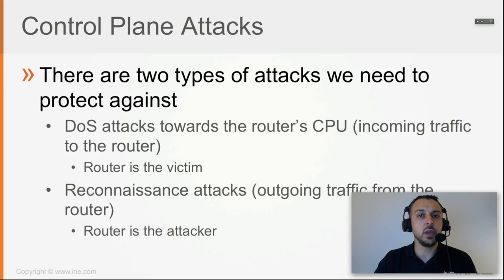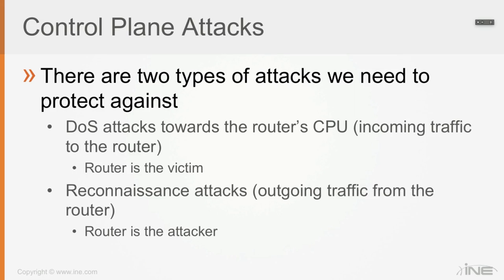Because if the router is too busy handling SSH packets or HTTPS packets, which it doesn't actually accept in the end, it may not have enough CPU resources to deal with the OSPF packets or the BGP packets or the ARP packets, which means that because the routing protocol is not going to work or ARP is not going to work, in the end the router becomes isolated and the data plane will not work as well. And the second type of attack is reconnaissance attacks, which is outgoing traffic from the router. So this is actually traffic initiated, sourced by the router, which means the router is the attacker.